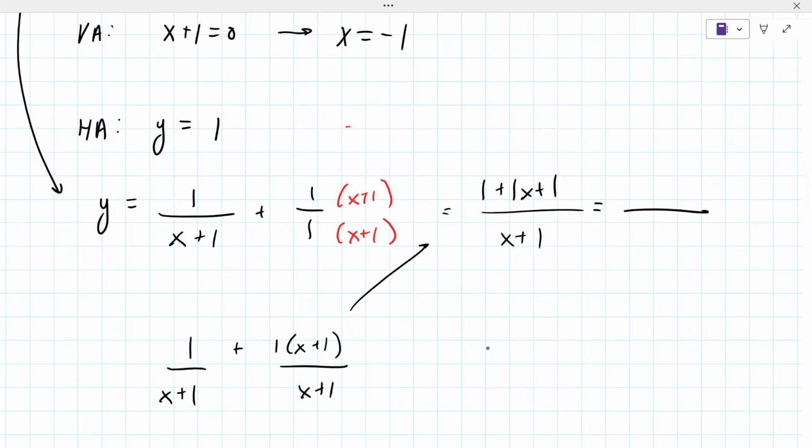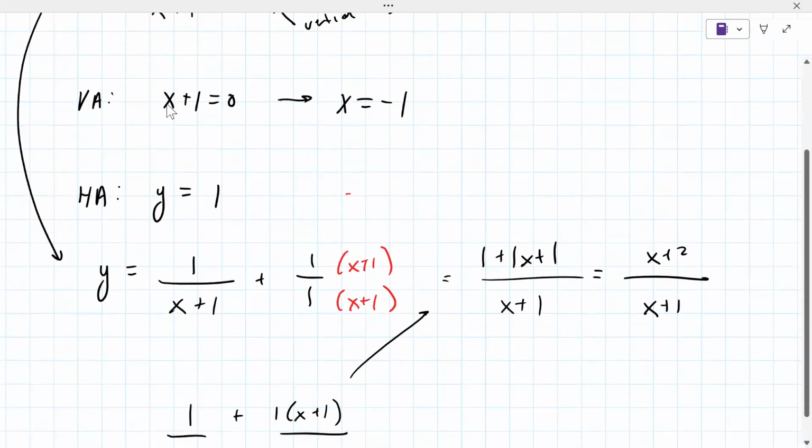So now, does it have the same vertical asymptote? The answer is it should. It's supposed to. Does it have the same horizontal asymptote that we did? Well, there's no -1 here. But you're setting the bottom equal to 0.